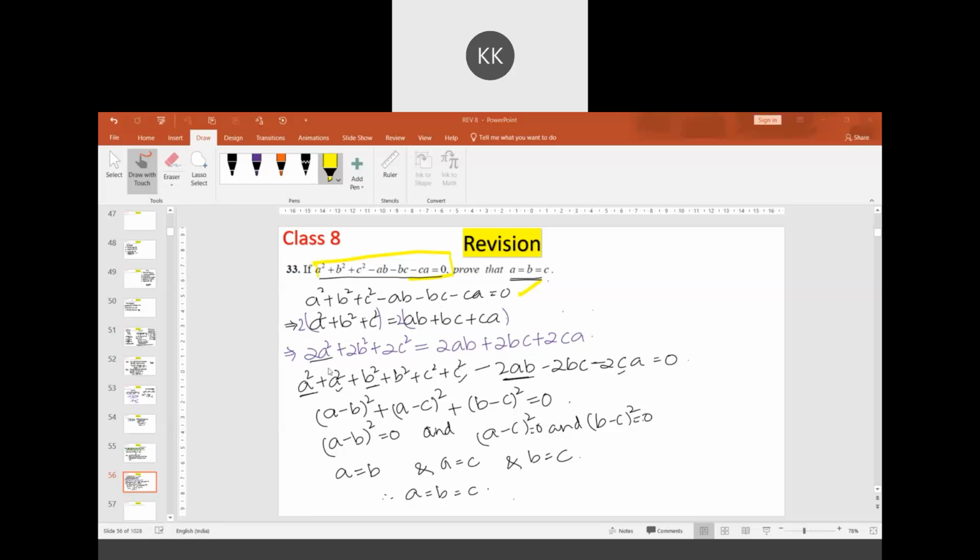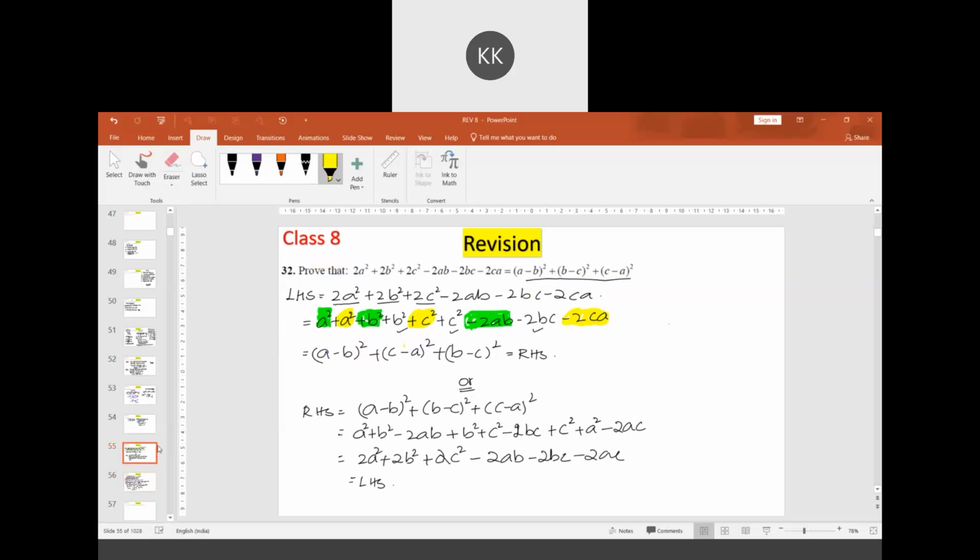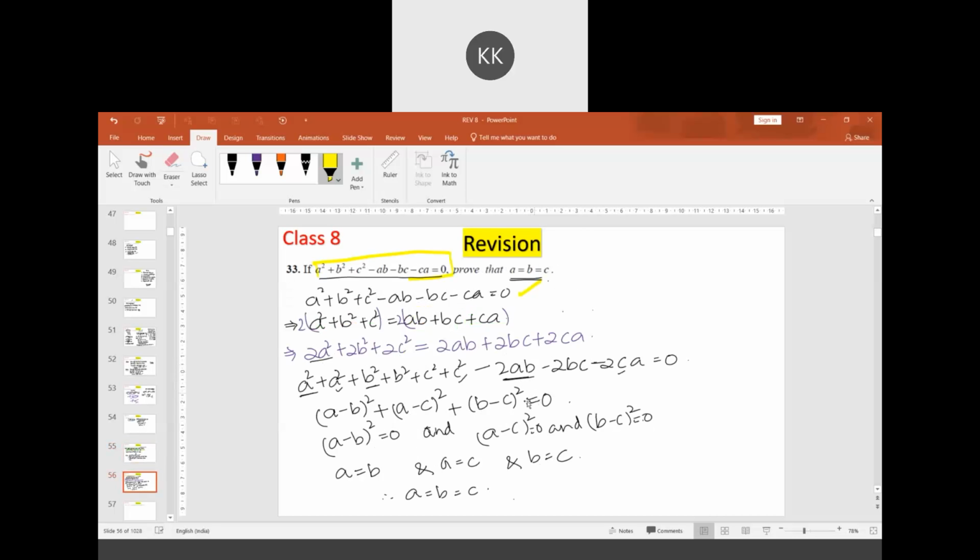If 2 is multiplied on both sides, we get 2a square, 2b square, 2c square minus 2ab, minus 2bc, minus 2ca. And we are making use of the previous question. The result is a minus b whole square, b minus c whole square, c minus a whole square. That result I am using here. This becomes equal to 0.